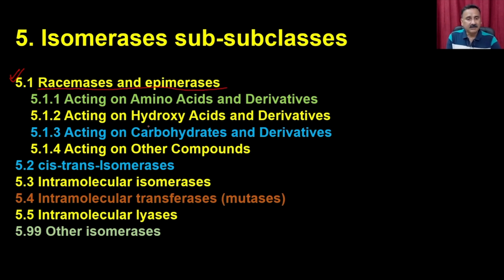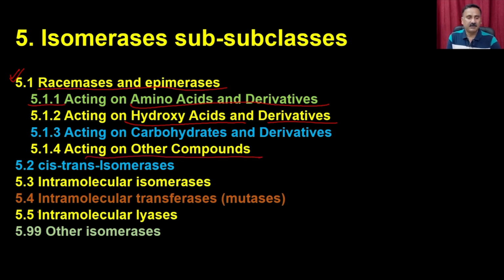Within this you have 5.1.1, acting on amino acids and derivatives, 5.1.2 acting on hydroxy acids and derivatives, 5.1.3 acting on carbohydrates and their derivatives, and 5.1.4 acting on other compounds.